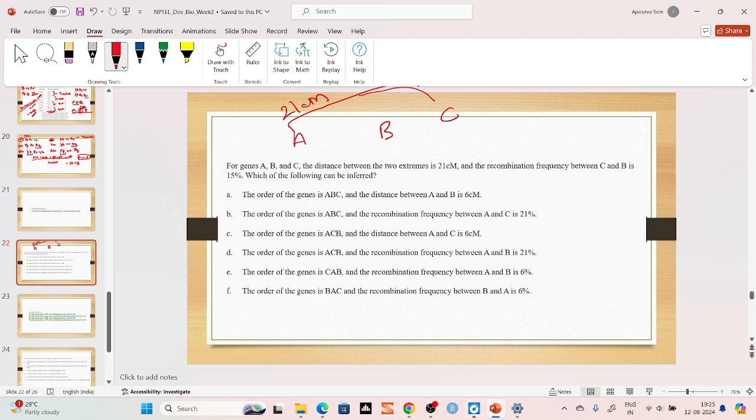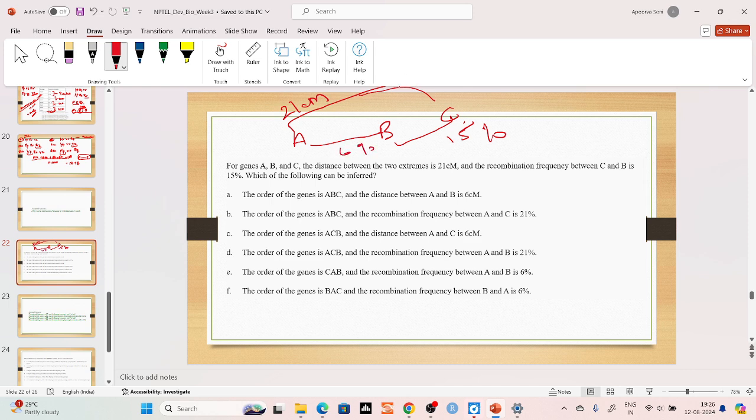And the recombination frequency between C and B is 15%. So if the recombination frequency between C and B is 15%, that means the recombination frequency between A and B would be how much? 21 minus 15, that is 6%.